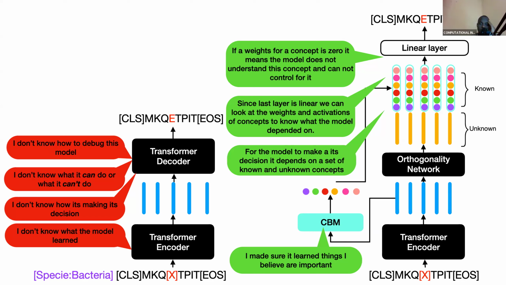Some questions about your proposed architecture. I'm seeing the model go from the transformer encoder to the next layer, and then to the orthogonality network. I think I've missed what exactly happens to the sequences and how the model is learning. When you look at the unknown and the known layers, I still need to understand what really happens underneath those layers, from orthogonality upwards.